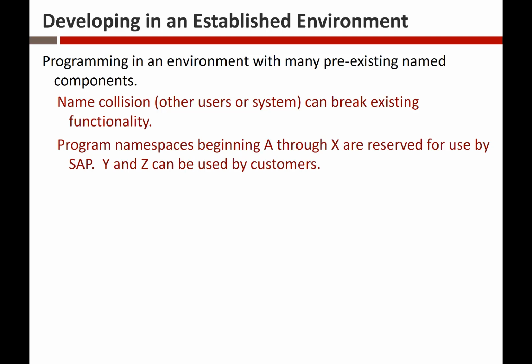When you create programs, you cannot begin your program with anything that starts with the letters A through X. So my first program will be rejected by the system because the first letter in my first program is M, and M is a letter that falls between A through X. So the universal rule that SAP has employed is you can only create programs that start with the letters Y and Z. So that will keep you from colliding with all of the SAP developed things.